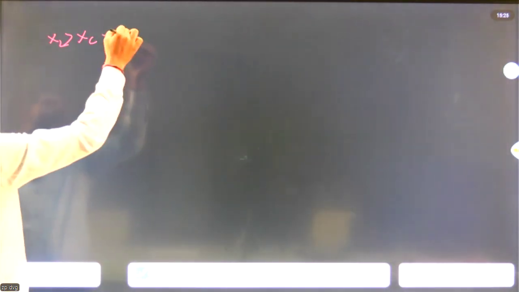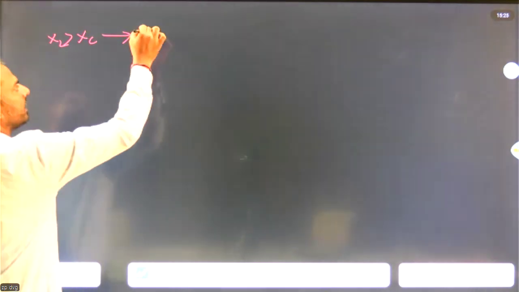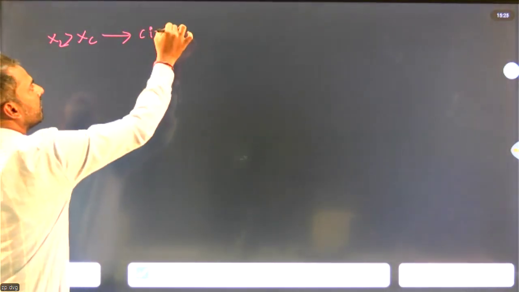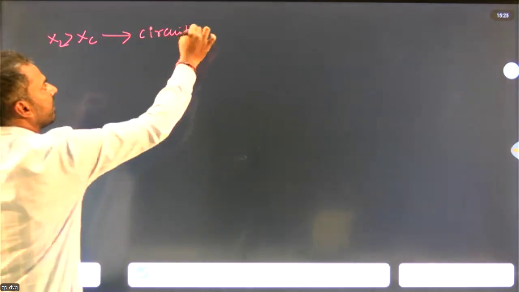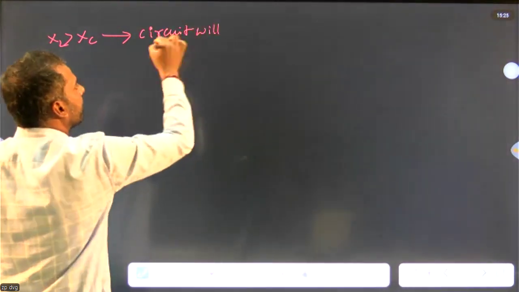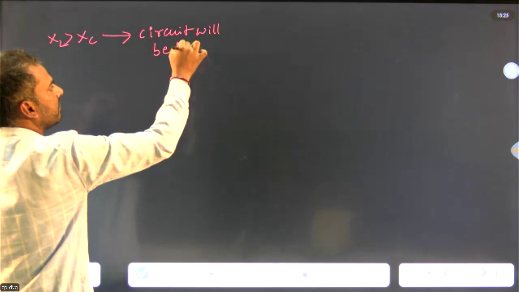Now tan phi is equal to XL minus XC by R. If XL is greater than XC, inductive reactance is greater than capacitive reactance, then the series LCR circuit will be inductive.